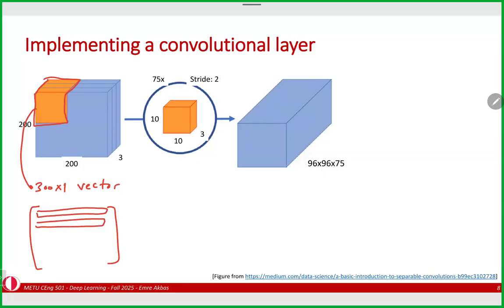The first one is the first location vectorized. The second one is the second location vectorized with a stride of 2, and so on. The dimensions here will be 300.